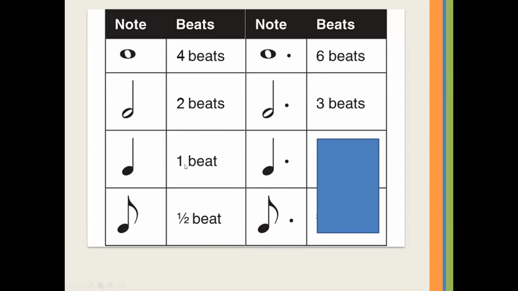It's a challenging one. Okay, so let's quickly do the math. We're talking about this one, dotted quaver, right? The value of a quaver or 8th note is 1/2.